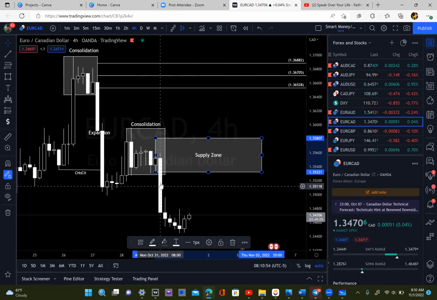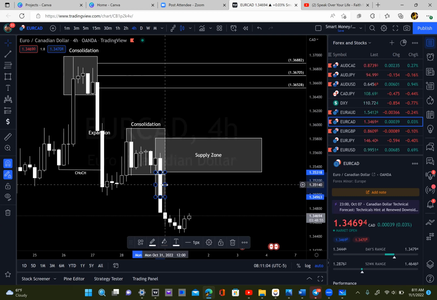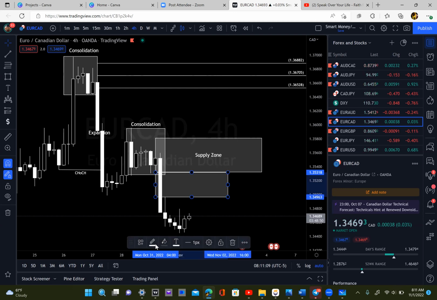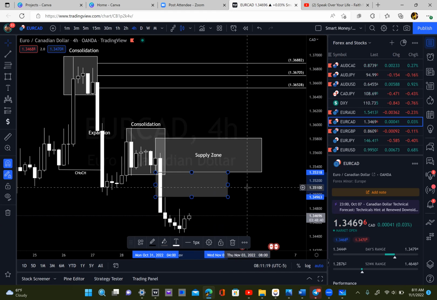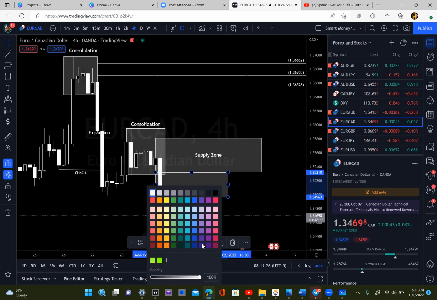Inefficient price action. I'm going to mark our inefficient price action right here, this gap. Let's see, I'm going to switch this up a little bit. I'm going to keep you white, but I'm going to make you opaque.